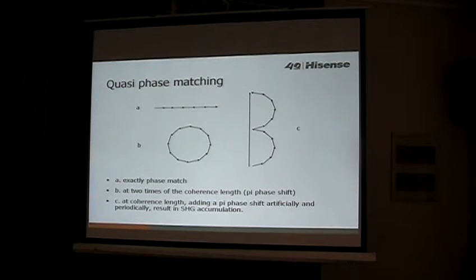Actually, this is not a new idea, because quasi-phase matching was proposed several decades ago, but the technology to implement it was not well developed until very recently. So now we use the phasor representation to explain how quasi-phase matching works.